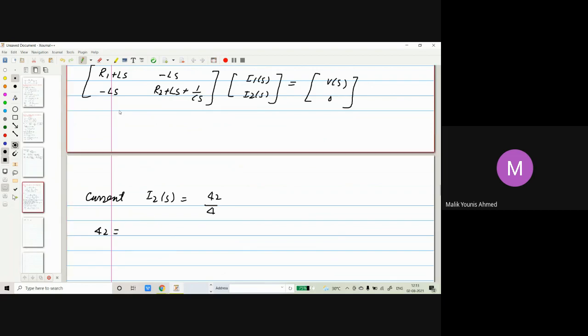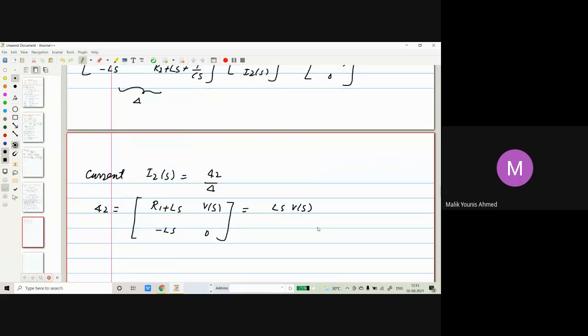This is delta that we know by Cramer's rule. Replace the second column by the right hand side voltage column. So R1 plus LS minus LS, and that will be V of S, and that will be 0. So this multiplied will be 0. Delta 2 we can write, this is 0, minus minus will be plus, so that will be LS V of S. Okay, that will be the value of delta 2.